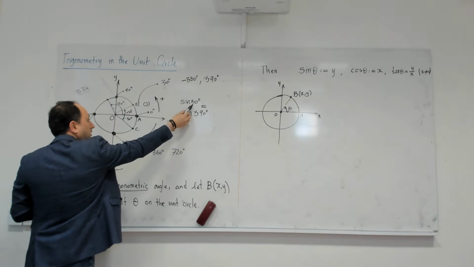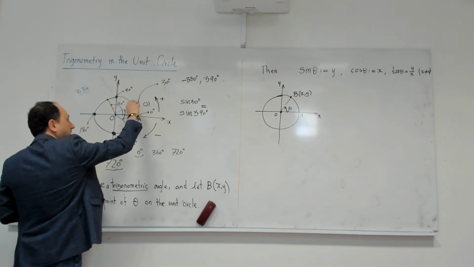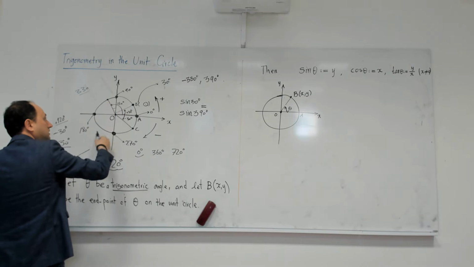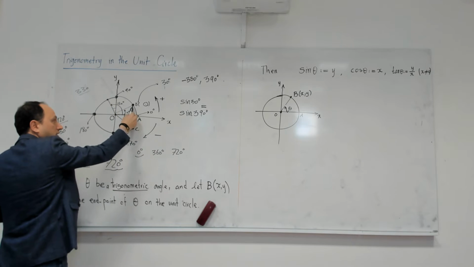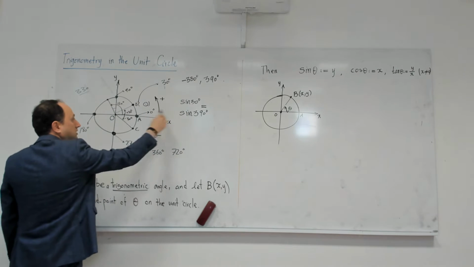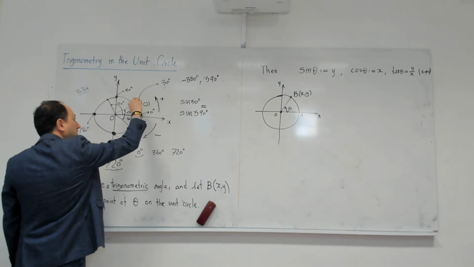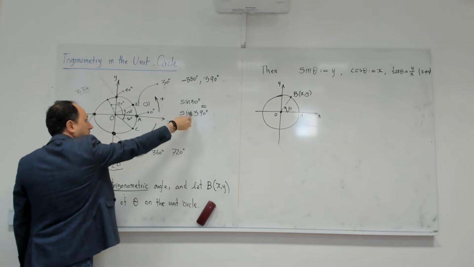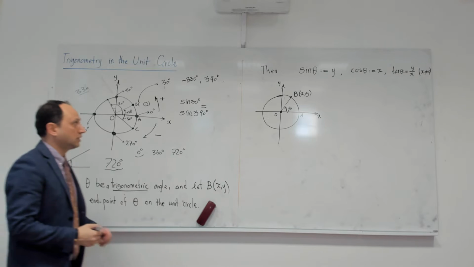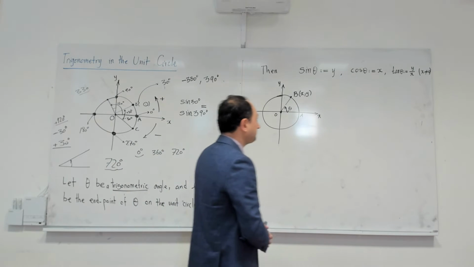But the final point for 30 degrees is B, and the final point for 390 degrees is also B. And sine of this is the y coordinate of B, sine of this is the y coordinate of the same point B, so they have to be the same. So that is very important, that even though the angles are quite different, the sines are the same. Is that understandable? But that is the definition of sine, cosine, and tangent.